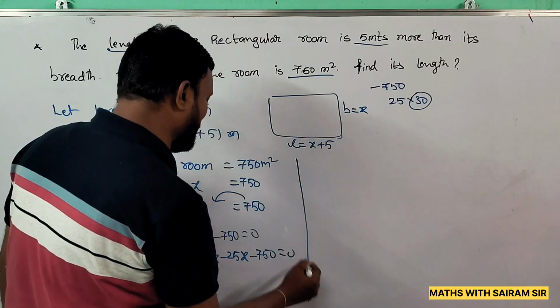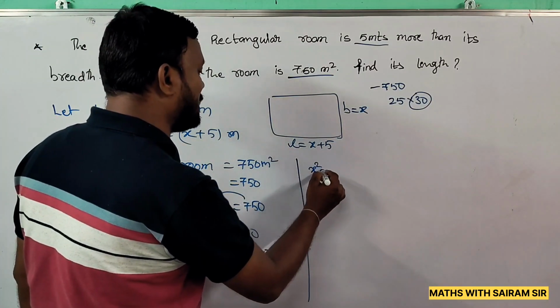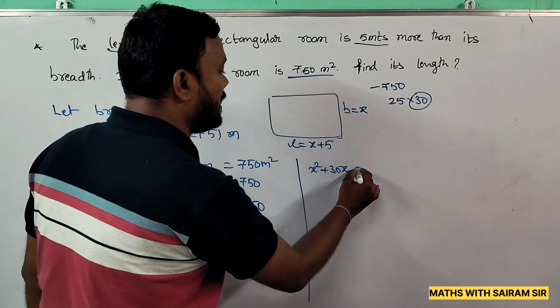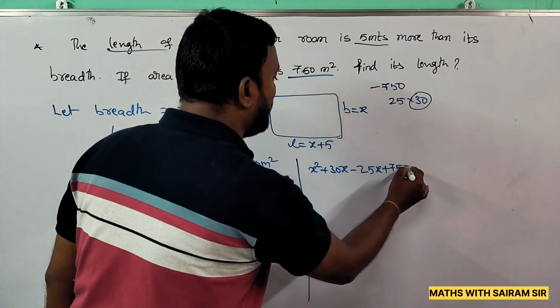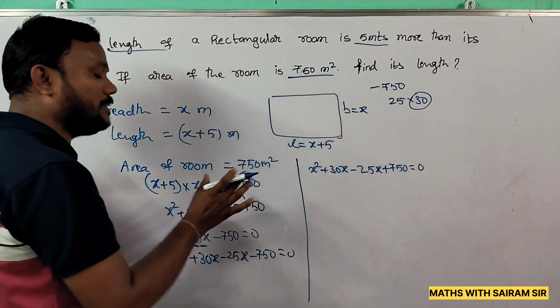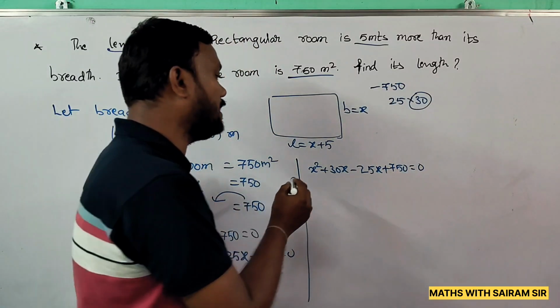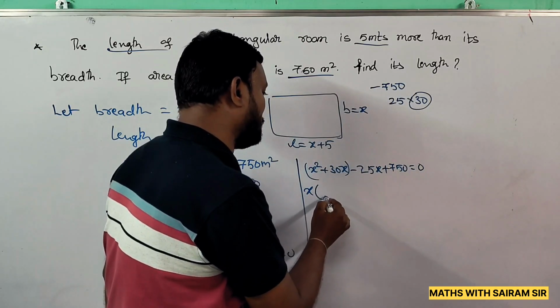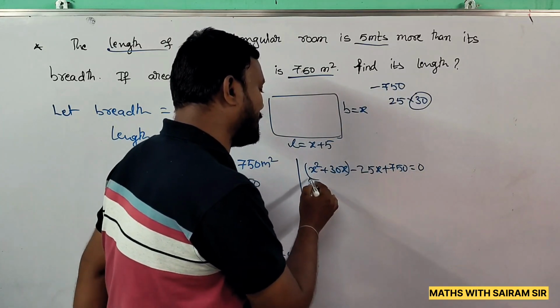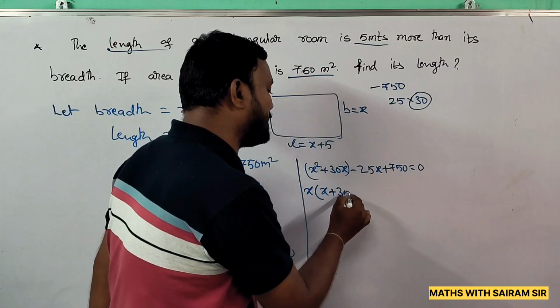That means this can be written as x square plus 30x minus 25x minus 750 is equal to 0. From these four terms, from the first two terms we can take x as a common, so that this can be written as x of x plus 30.